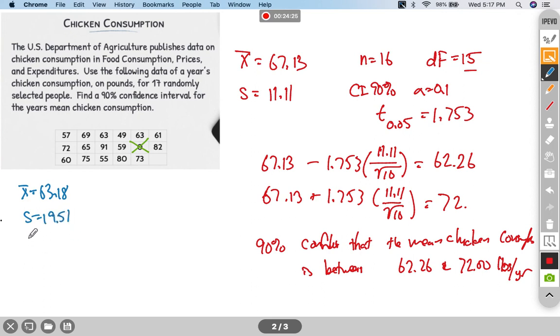So your t of 0.05 with 16 degrees of freedom was 1.746. And your confidence interval for that was 54.92 to 71.44. So if you worked it without taking out that 0, these are the values you should have gotten.